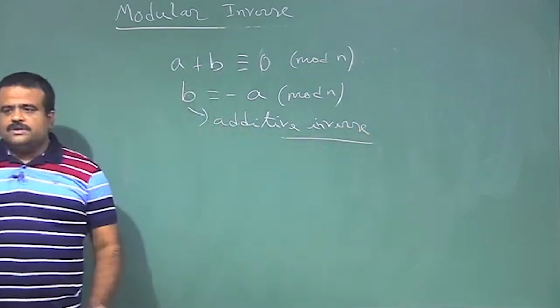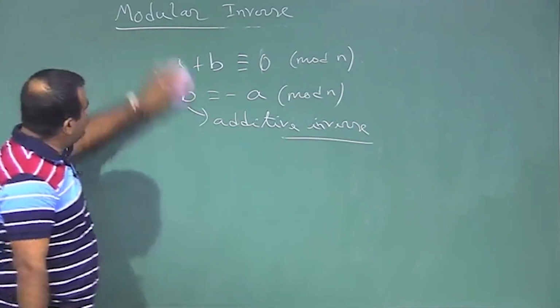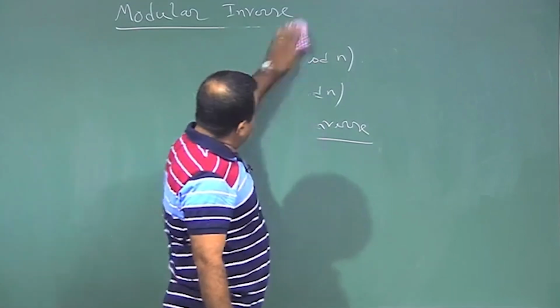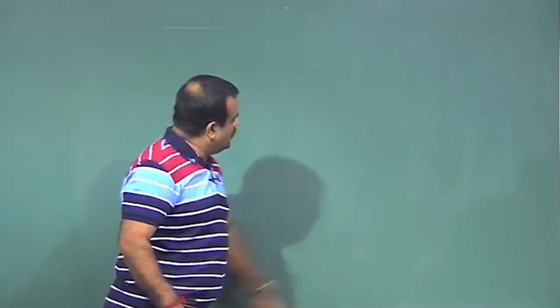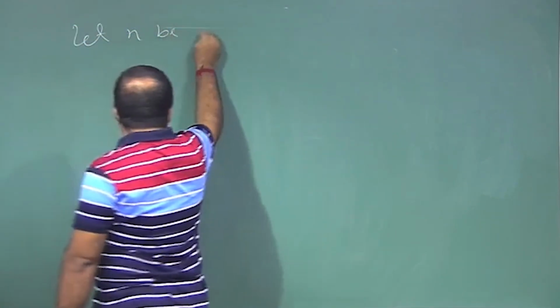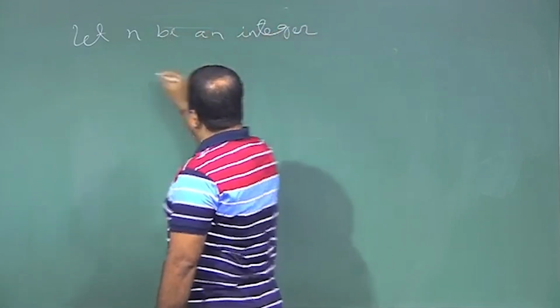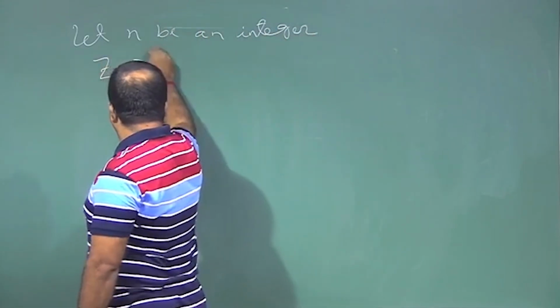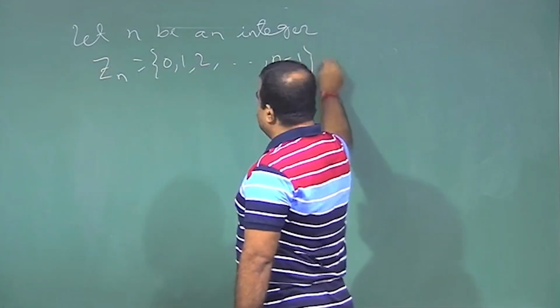Okay. Now, we define another operation on this set Zn, which is basically the multiplication operation. So again let n be an integer, then we consider the set Zn, which is basically 0, 1, 2 up to n minus 1.